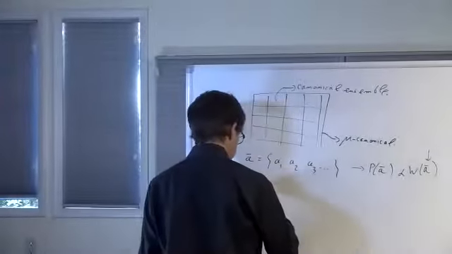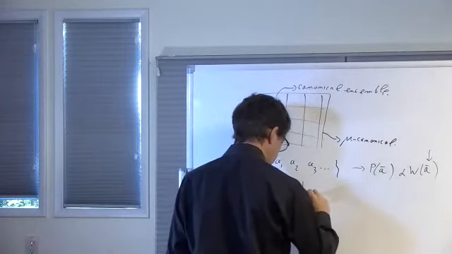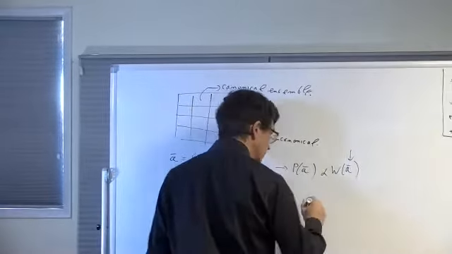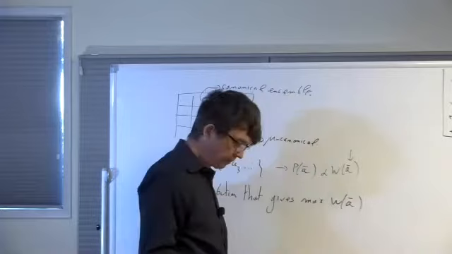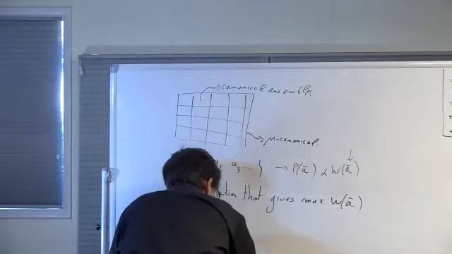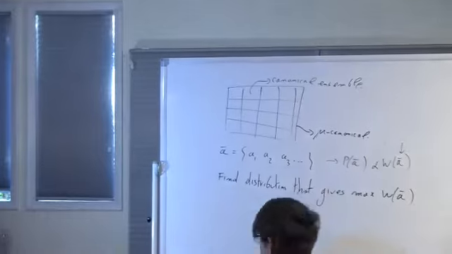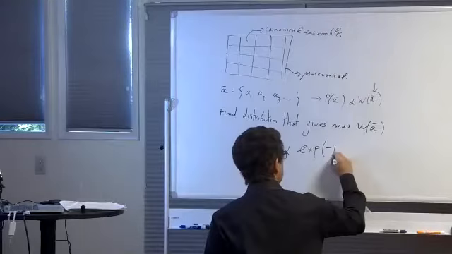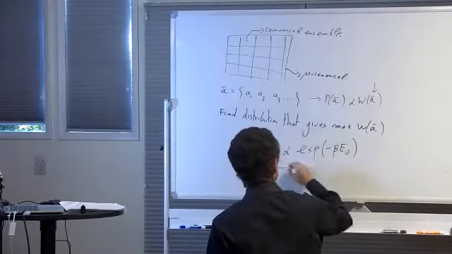And that led us to the relation between the probability of a microstate and its energy, the probability being proportional to the exponential of minus beta times the energy of the microstate.